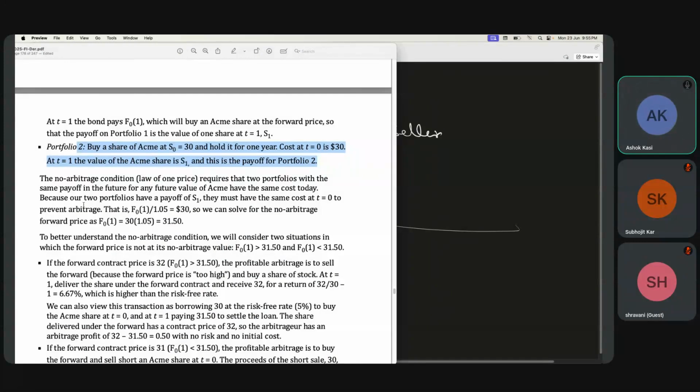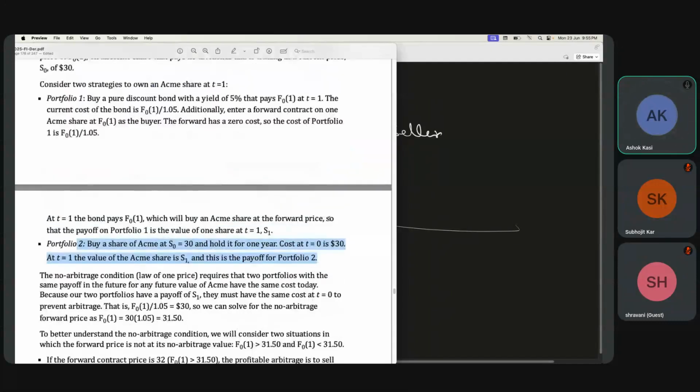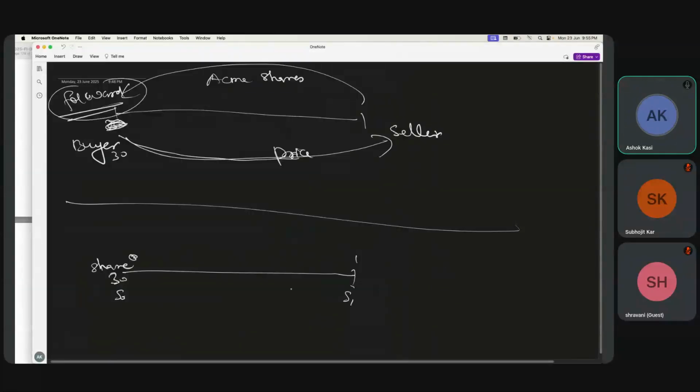Same cost today. So either you buy the share, this is portfolio 2 they mentioned, and hold it.